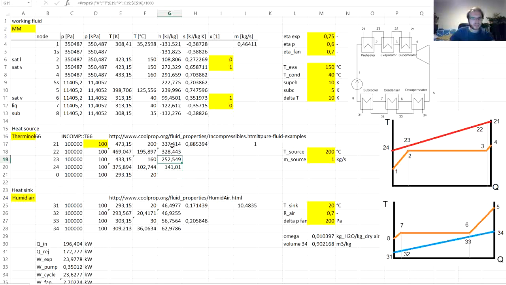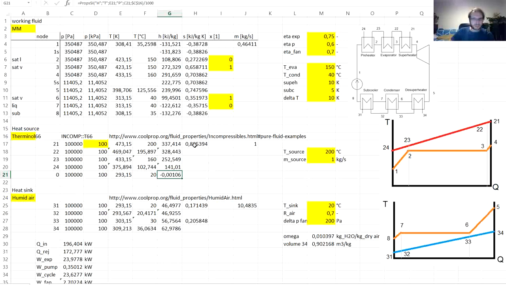So there is enthalpy from temperature and pressure, like here. So this function, you can use it over here. And you can see that actually for this thermal oil, the reference point of enthalpy 0 is very close to 20 degrees C and 100 kilopascals.